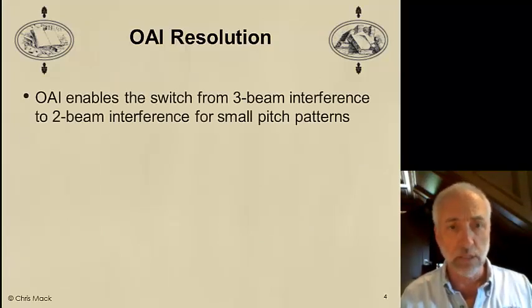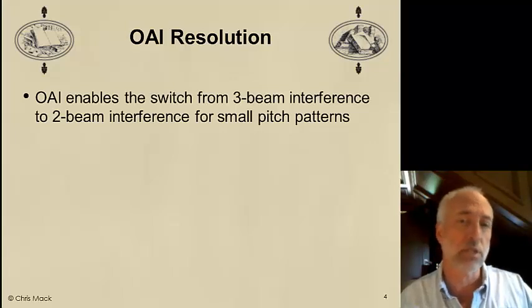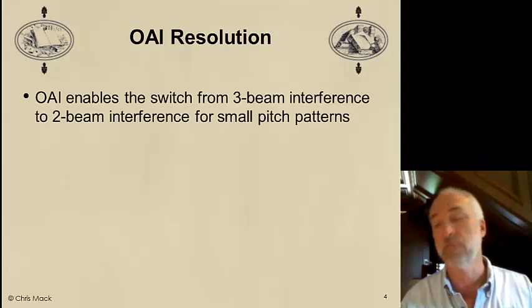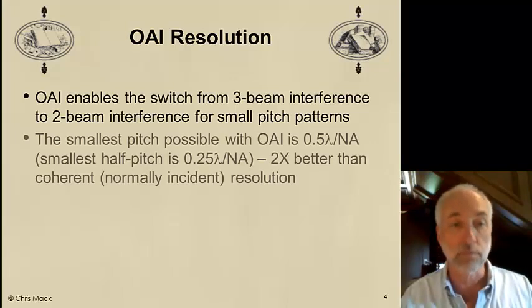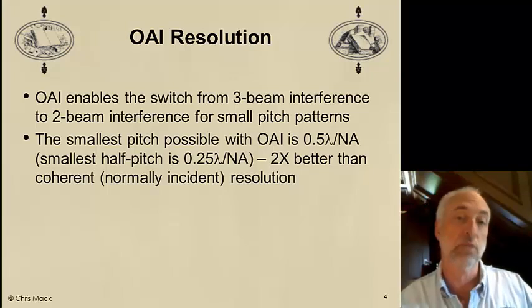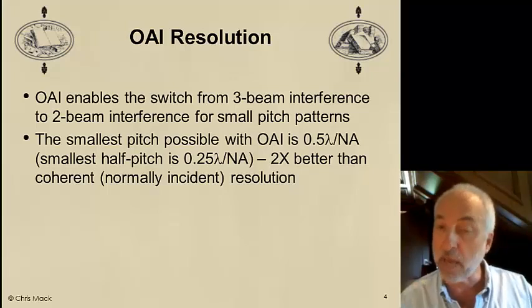We have seen before that by tilting the illumination, we have the potential to switch from 3-beam interference, for the case of a repeating pattern of lines and spaces, to 2-beam interference, whenever the pitch of these patterns is small. We also have seen that with 2-beam imaging, the smallest pitch possible is 0.5 lambda over NA.